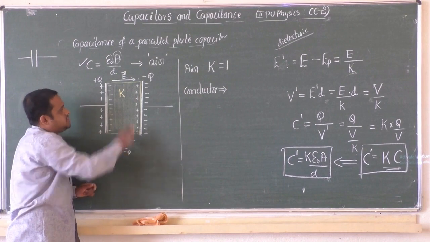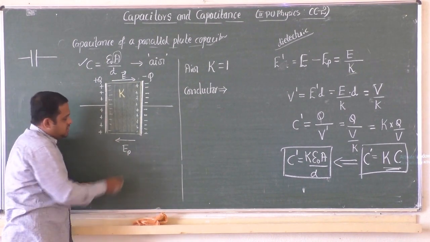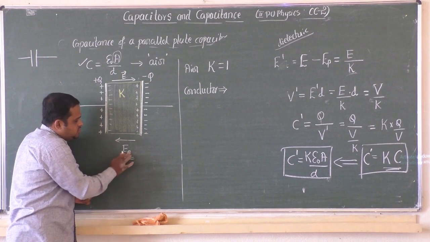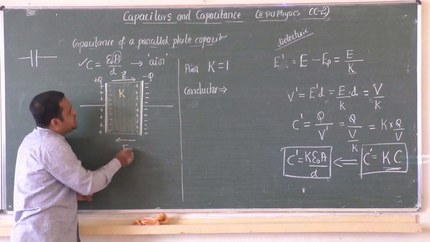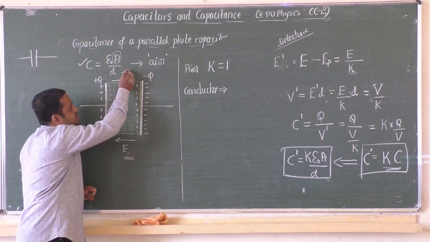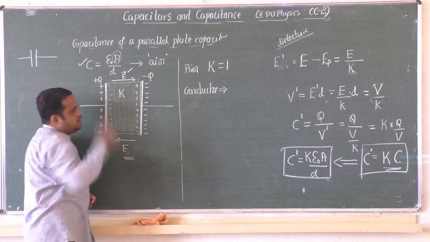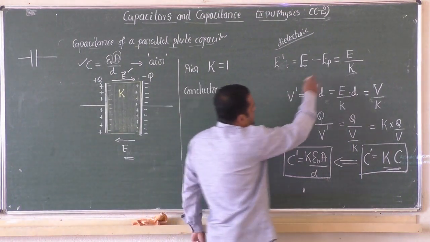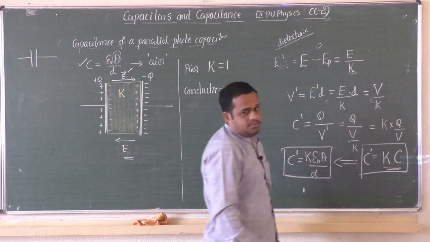That condition arises because of this external field. But in case of conductors, the electric field produced due to this rearrangement of charges will be equal to the external electric field. These two fields will be equal.